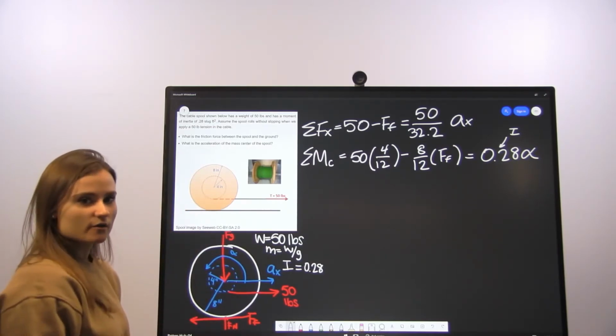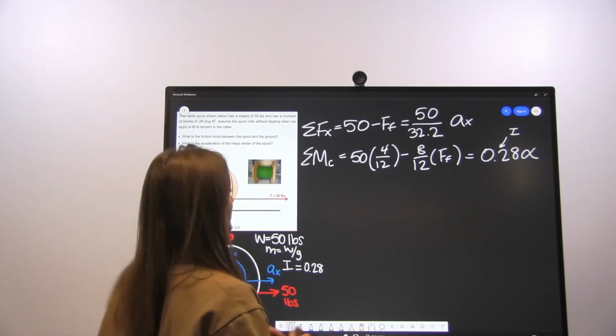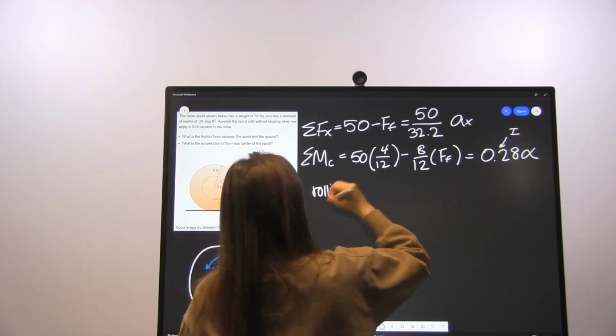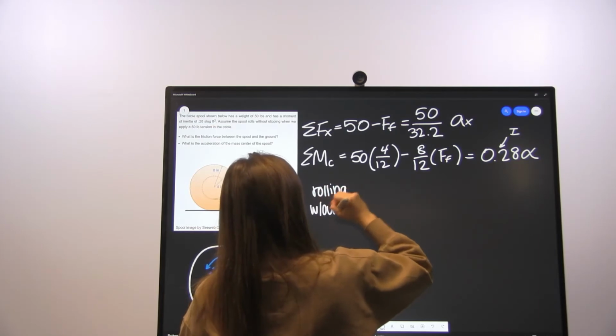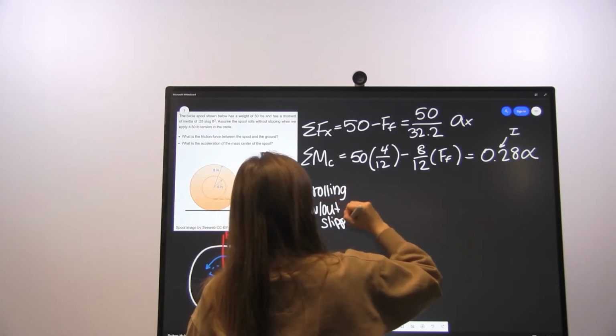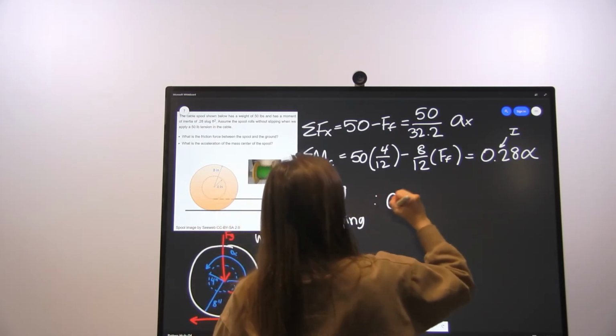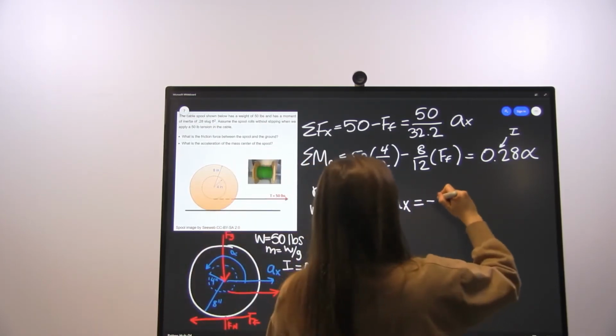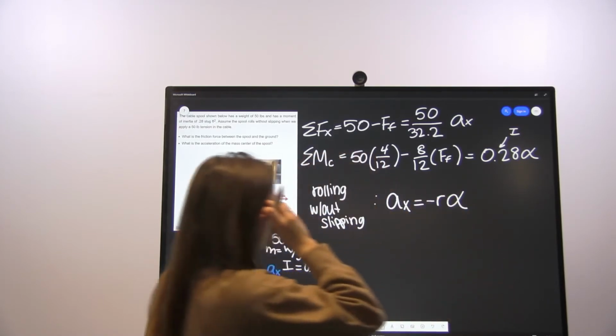Okay, so from here we know that the spool is also rolling without slipping. When something is rolling without slipping, we know that our acceleration in the x direction is equal to the negative radius times our angular acceleration.